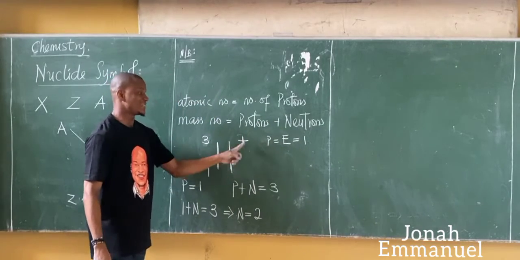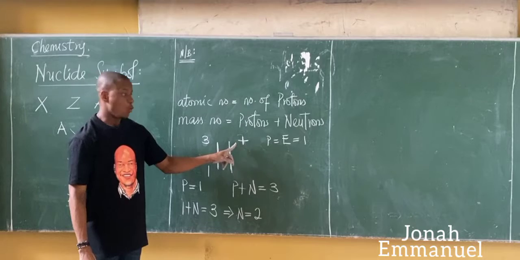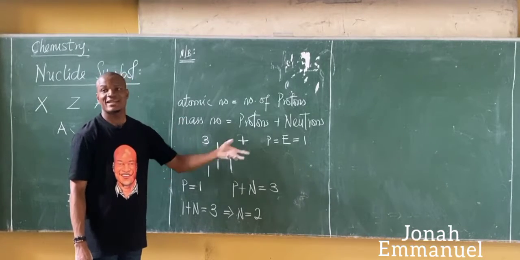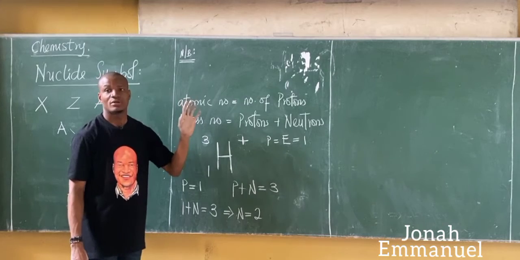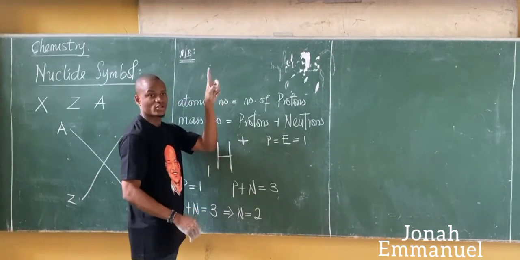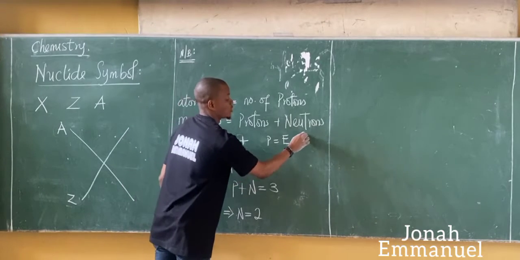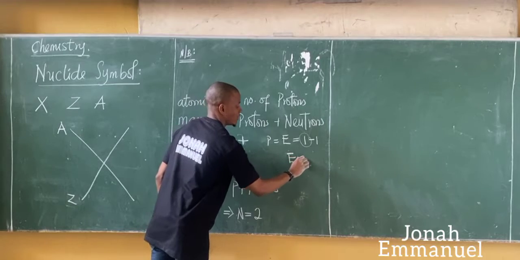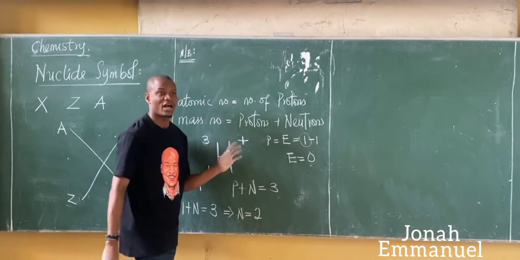But in this case now, it's charged. It's not neutral. What is the charge here? Positive. For positive, has it gained an electron or lost an electron? It has lost an electron. So it has lost 1 electron. That's why it's just plus. So I also have 1 electron here, but I've lost 1. So how many electrons do I have here? 0. I have none. I've lost the only one I had.